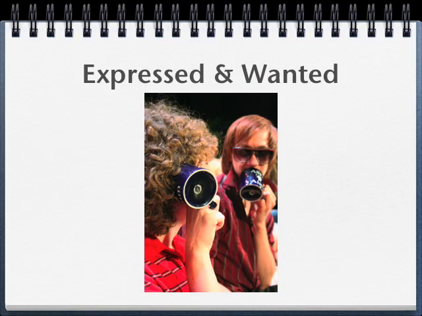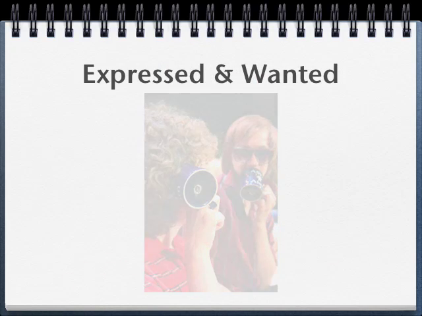Now, this is where FIRO-B gets really interesting. You have those 3 dimensions of inclusion, control, and affection, but each one can have a very different aspect of it when you think about to what extent do you initiate that with others, expressed, and to what extent do you want others to initiate it with you, wanted.